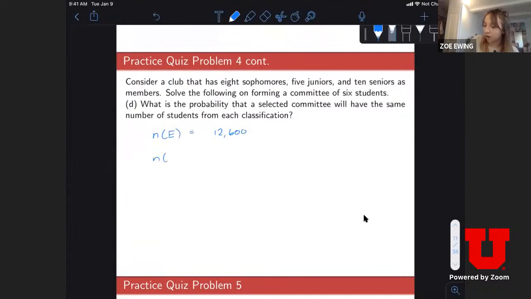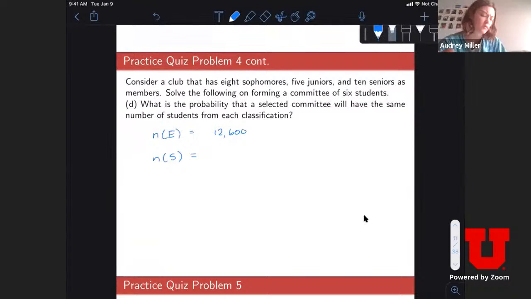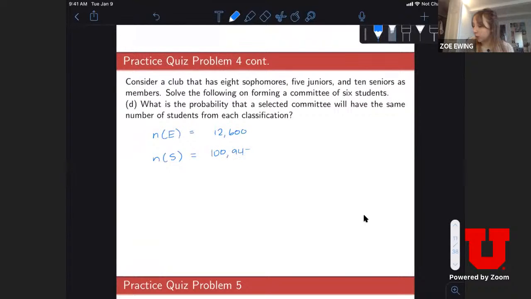Okay, and the number of our sample size is going to be what? Is that the 100,000? Yeah, the 100,947. So we can just put these on top of each other.